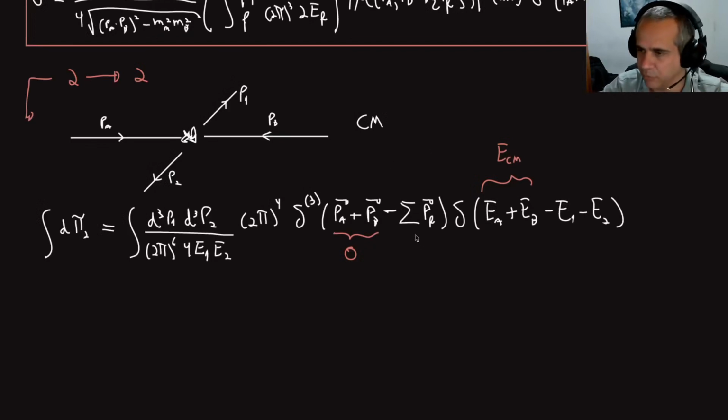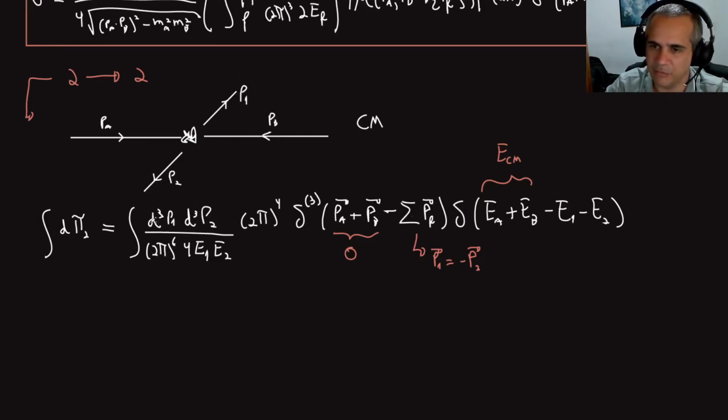So this delta will basically make it so that P1 is minus P2. This is trivial, it's what you expect from momentum conservation. And that I can use to integrate in 3 momenta 2; that integral goes away with this delta.